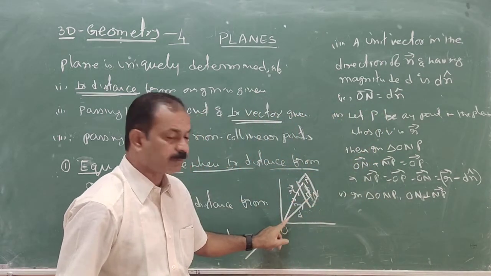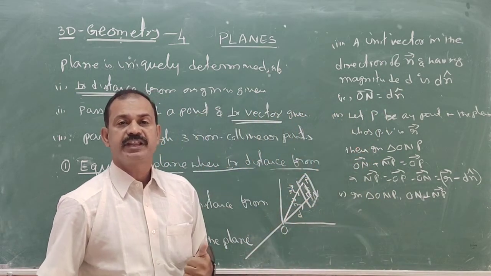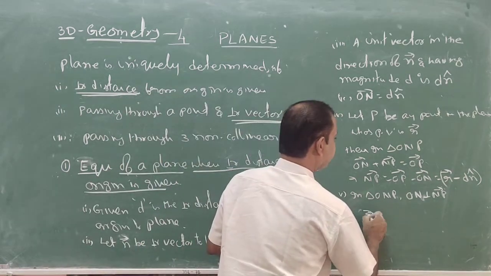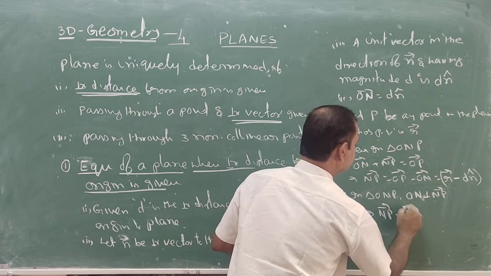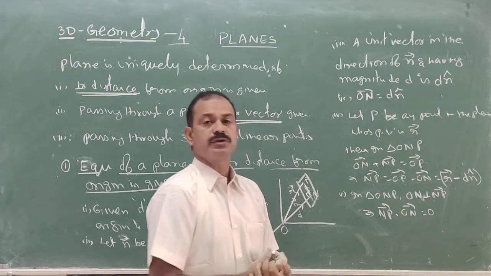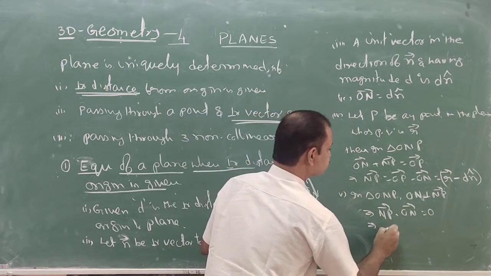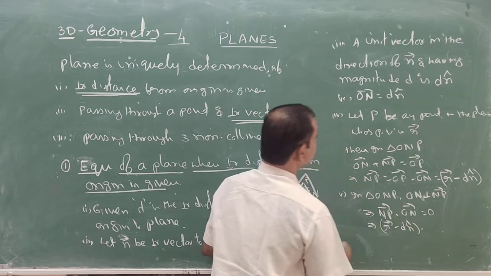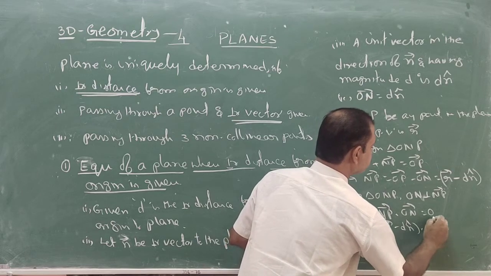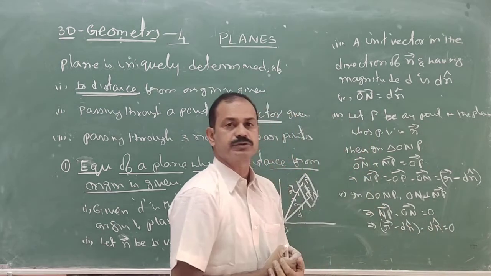When these two lines are perpendicular, their dot product is 0, which implies NP dot ON is equal to 0. So just to substitute this, NP is nothing but r minus d into n cap, dot d into n cap is equal to 0.